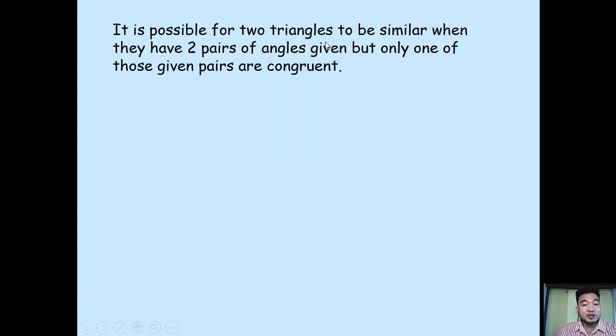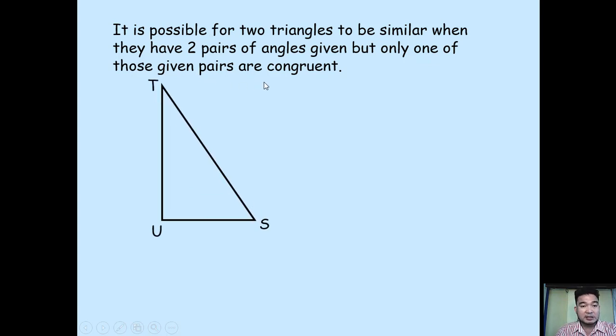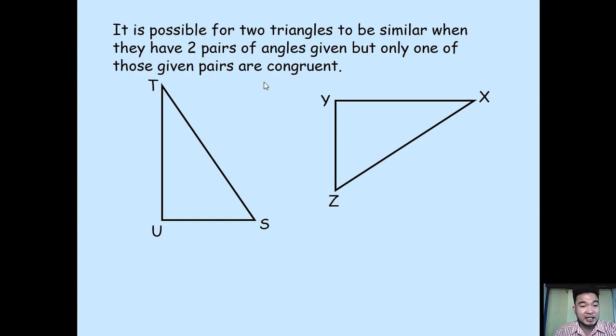It is possible for two triangles to be similar when they have two pairs of angles given, but only one of those given pairs is congruent. Suppose that we have these two triangles. These are similar triangles that we have to prove.